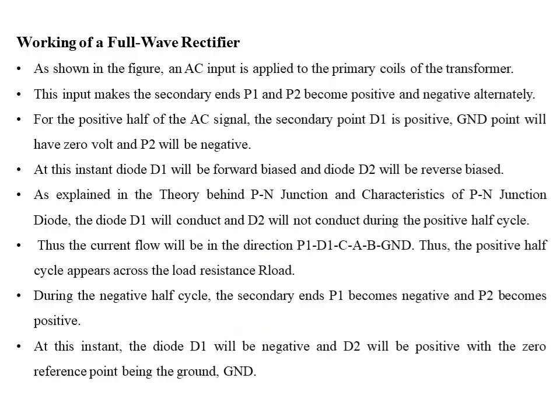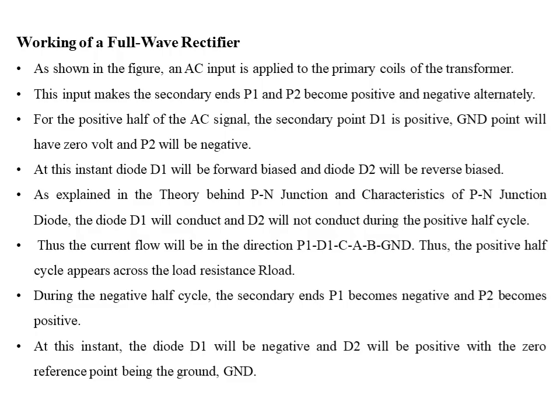Working of the full wave rectifier is explained here. As shown in the figure, an AC input is applied to the primary coil of the transformer. This input makes the secondary ends P1 and P2 become positive and negative alternately. For the positive half of the AC signal, the secondary point P1 is positive, the ground point will have zero voltage and P2 will be negative. At this instant, diode D1 will be forward biased and diode D2 will be reverse biased.